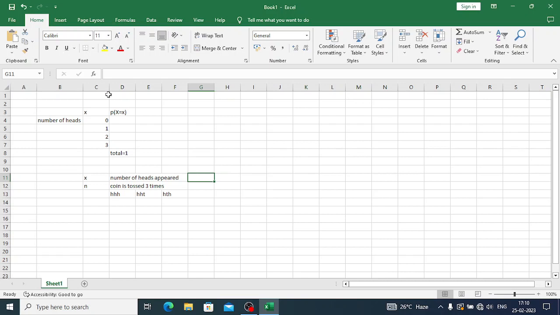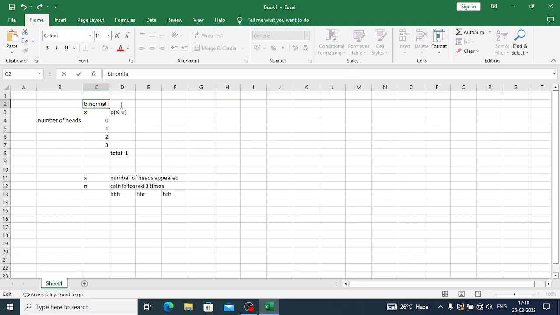So this probability is defined for the binomial distribution. The binomial distribution gives the probability as nCx, p raised to x, q raised to n minus x.